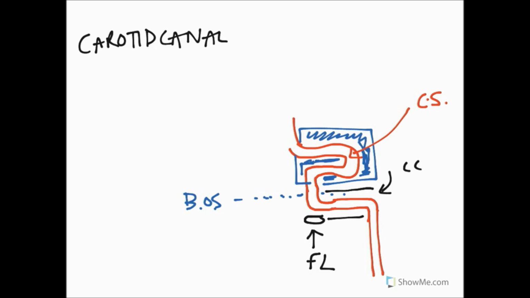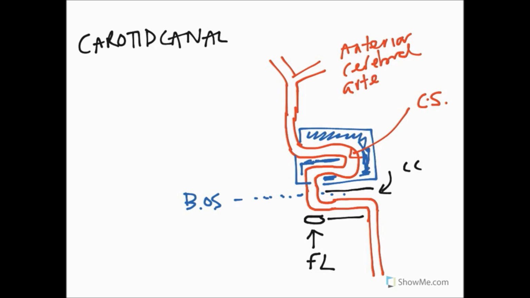So eventually it ascends again and eventually gives rise to its two terminal branches, which are the anterior cerebral artery and of course the middle cerebral artery.